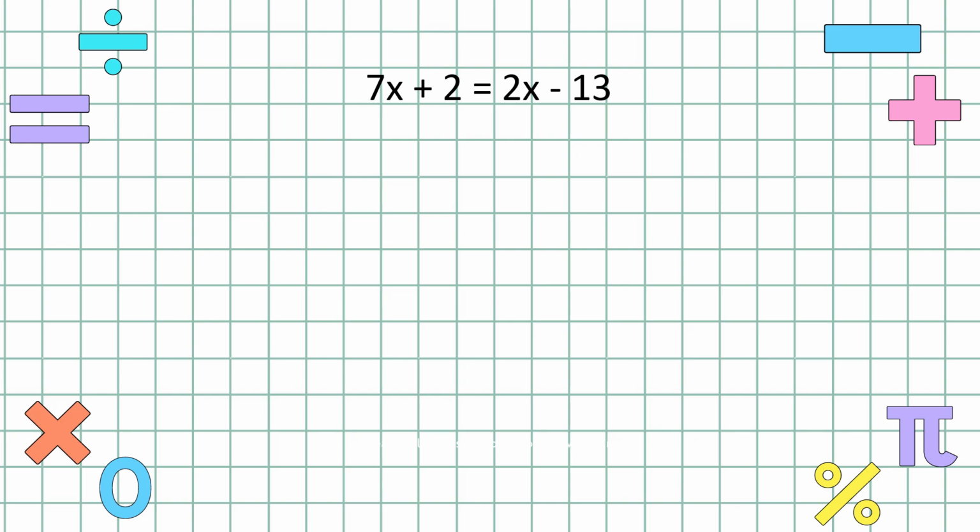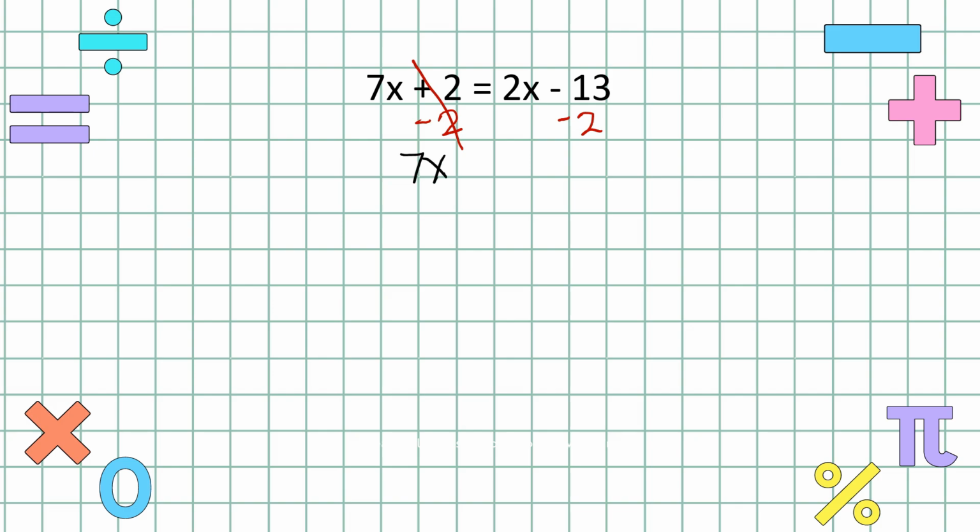Next example, let's have 7x plus 2 equals 2x minus 13. Again, start with the constant terms. So we retain 7x here, and let's add a negative 2 on both sides so we can remove this. It will cancel out because that will give us 0.